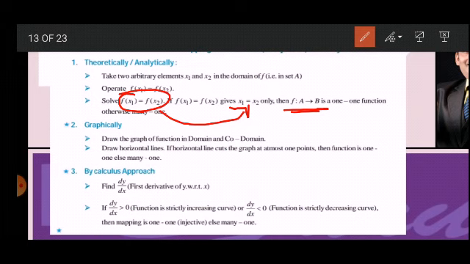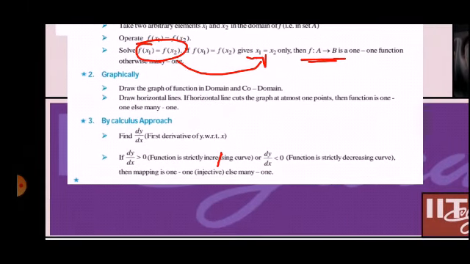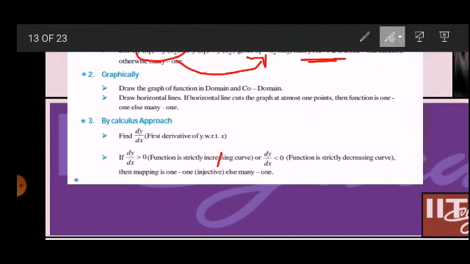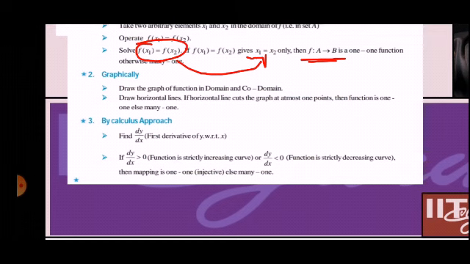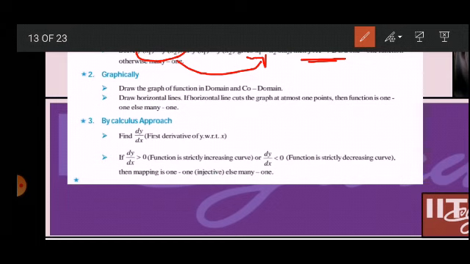In the calculus approach, you find the first derivative, dy by dx, derivative of y with respect to x. If dy by dx is positive, the function is strictly increasing. For a function to be 1-1, it should be either increasing or decreasing.